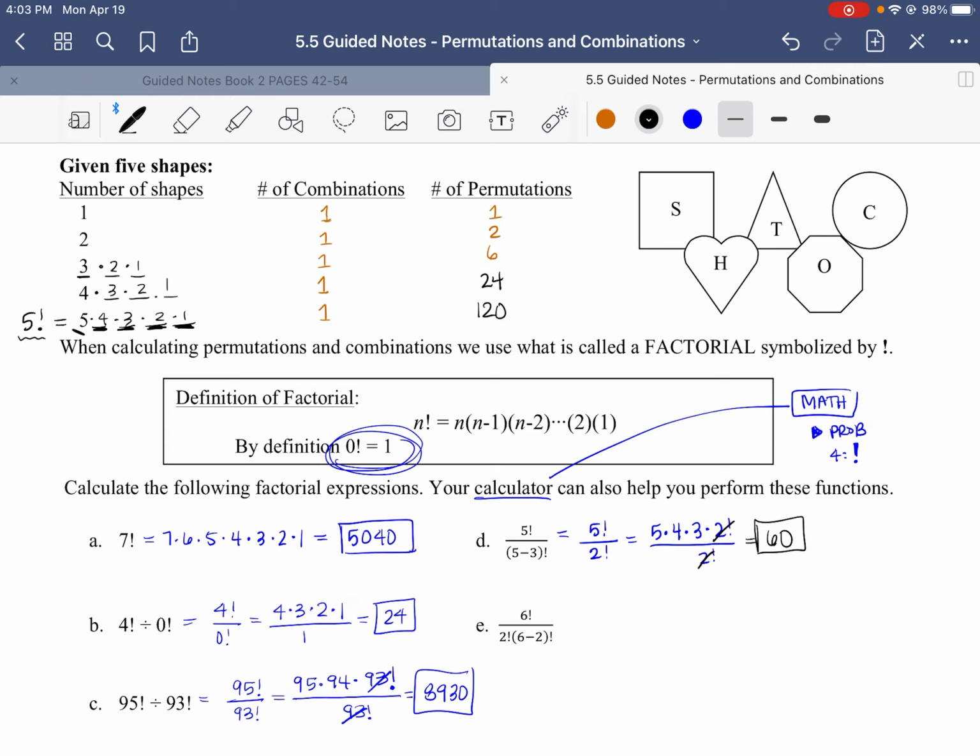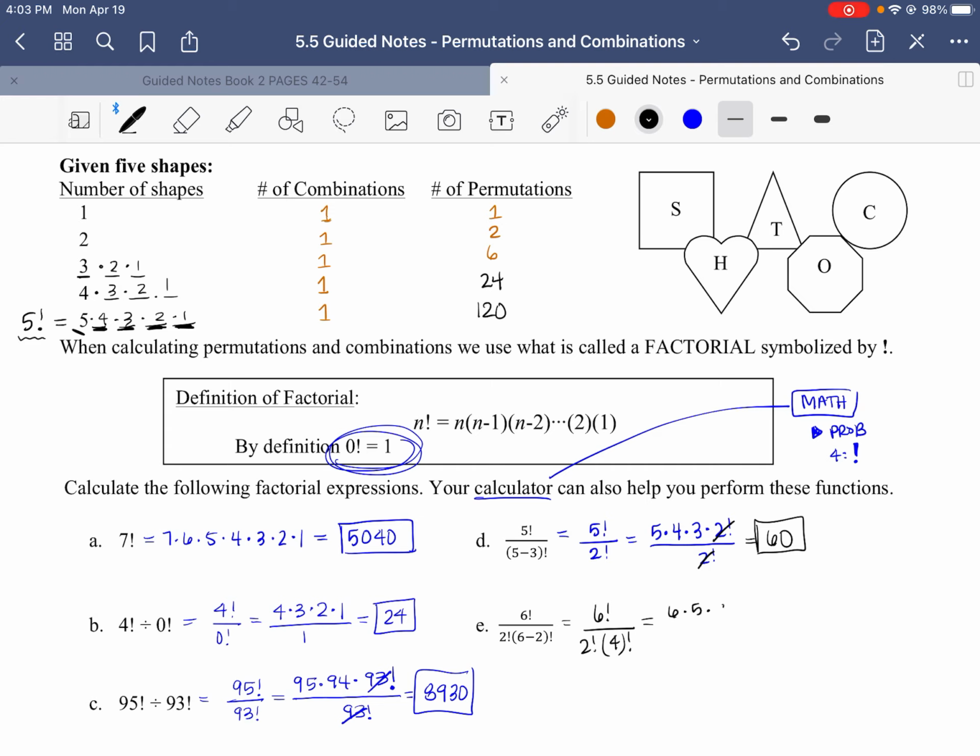Same idea on the bottom here, but you have 2 pieces. So this is going to be like 6 factorial over 2 factorial, and then we have 6 minus 2 factorial, which is 4 factorial. Now I didn't need to put that in parentheses, just showing you that that's where that came from. So again, if I look at the numerator, I have a 6 factorial. On the bottom, I have 2 factorial and 4 factorial. This one's bigger. So if I get this one all the way down to the 4 factorial, I can do that and simplify.